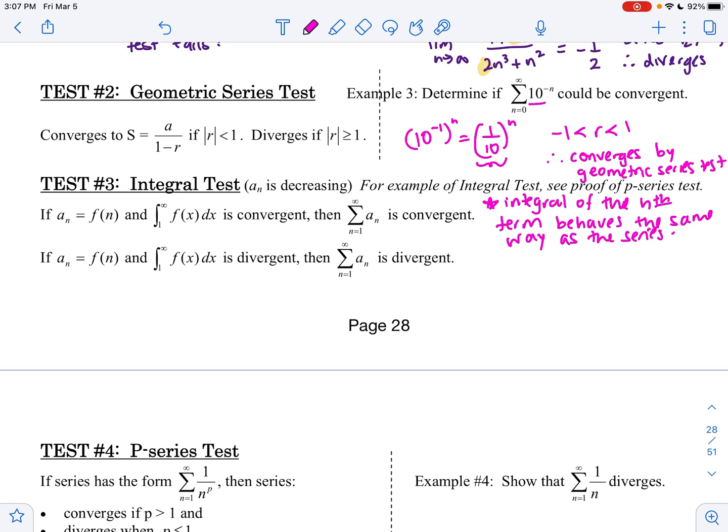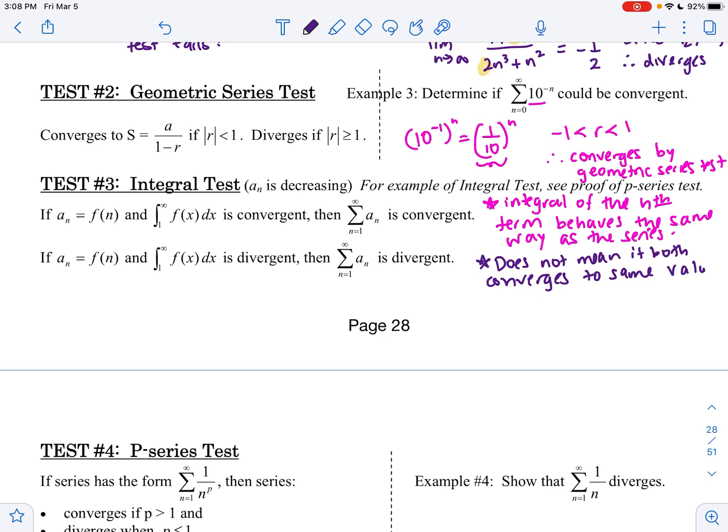Okay, one note to make is that it does not mean that it both converges to the same value. So if you do take the integral of the nth term and you happen to get a finite value, that finite value does not represent the sum of the series.